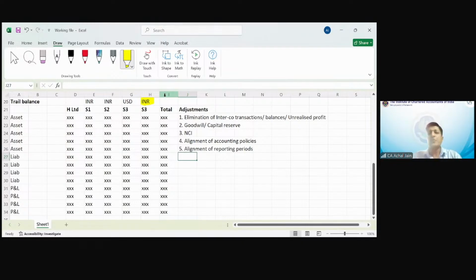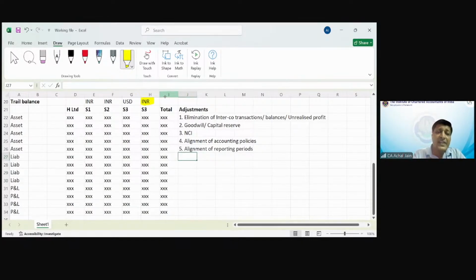Okay, very good. So that's one. But that's not an adjustment, so I'm now removing this point. I'm saying as far as the adjustments are concerned, which will go into the CFS, let me just help you on one more point.